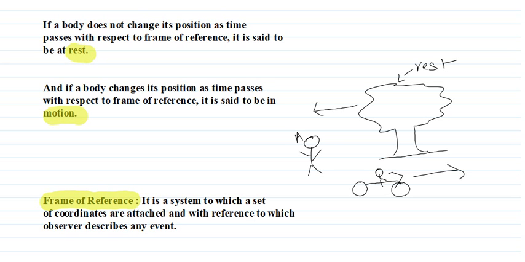So observer A finds that this tree is in the state of rest, and observer B finds that this tree is in the state of motion.